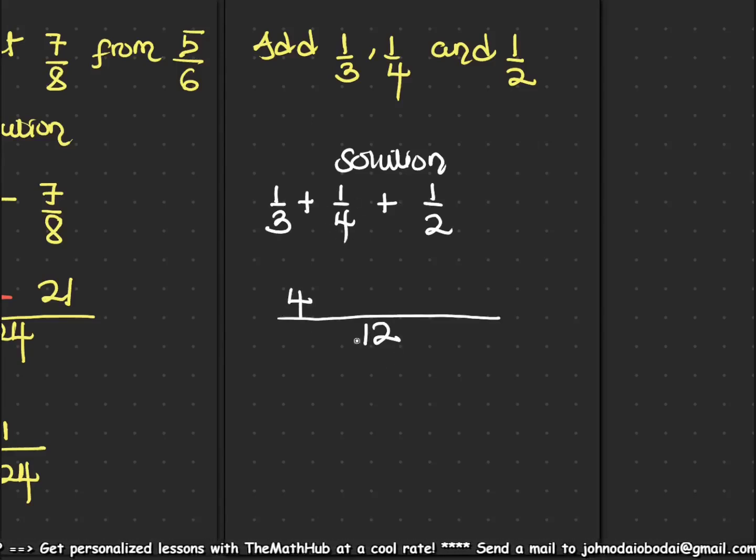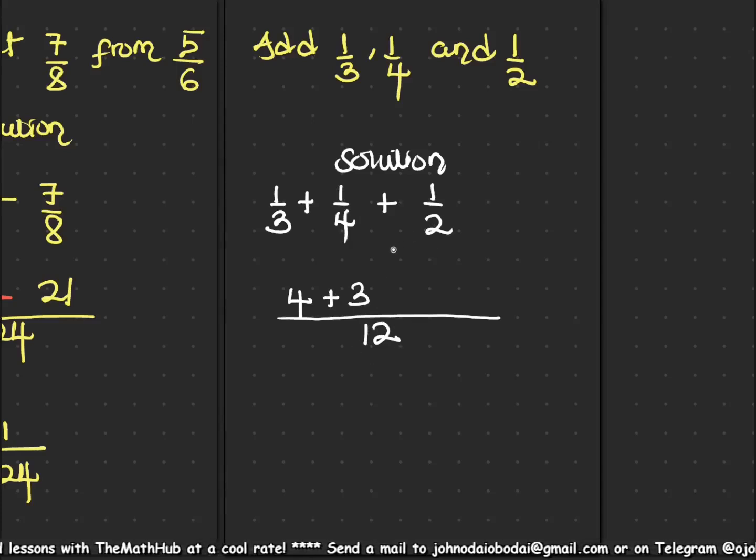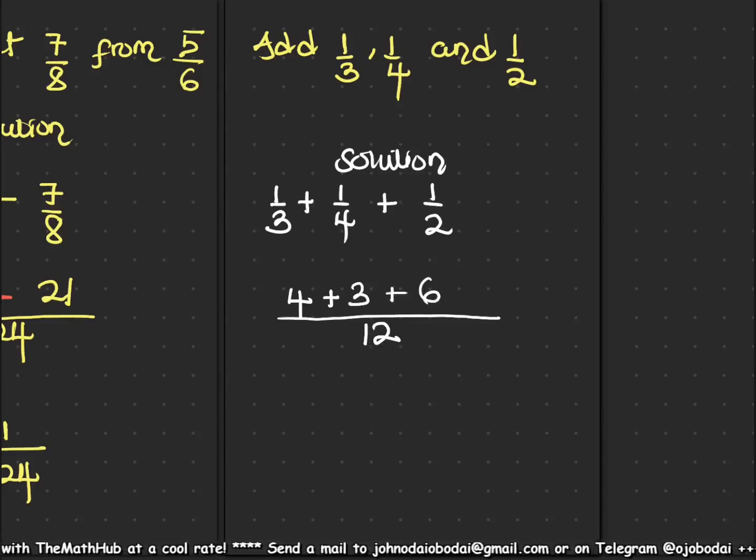Then 12 divided by 4 gives us 3. The 3 multiplies this numerator. So we have plus 3. 12 divided by 2 gives us 6. 6 times 1 gives us a 6. So we have 4 plus 3 plus 6, which gives us 13.